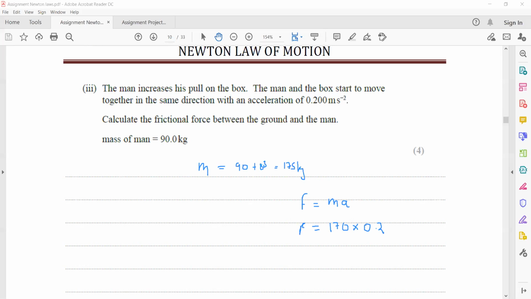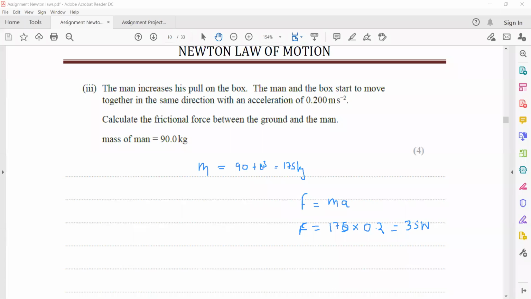So that's the resultant force, 175 multiplied by 0.2. What's our answer? That is 35. So 35 Newton is the resultant force.